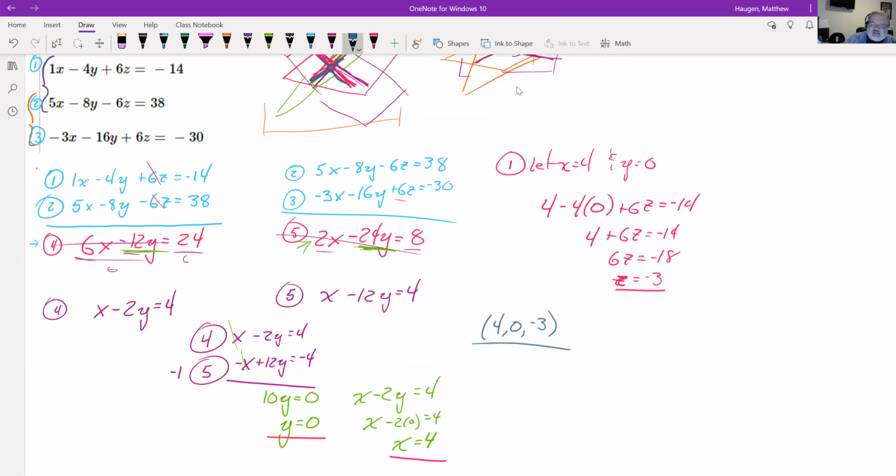So it's important to have these stay nice and organized. Now, I kind of like this organizational scheme of having the three equations and then saying, okay, I'm going to take two of those equations to build a fourth, and a different two of those equations, it doesn't matter which two, to make a fifth.